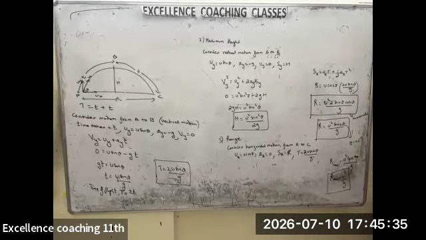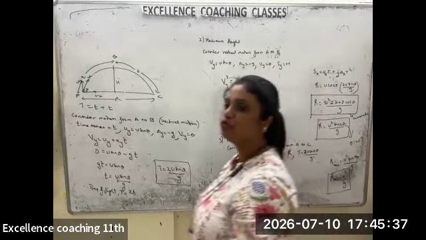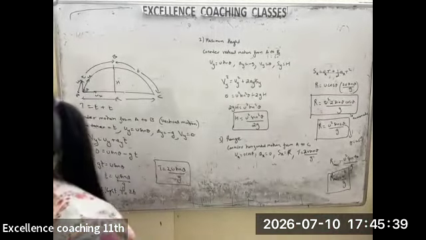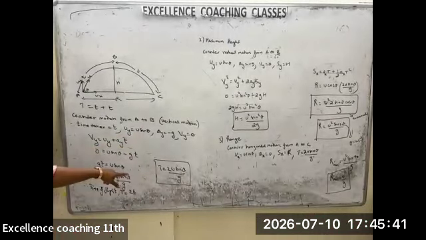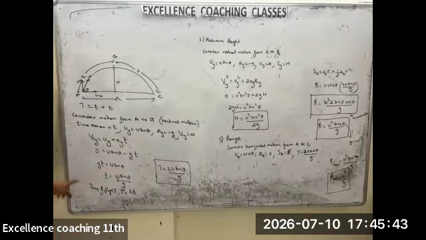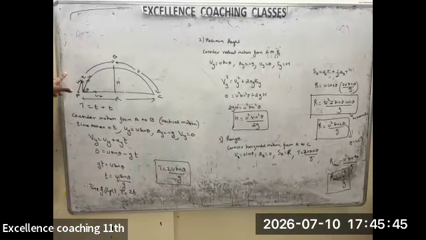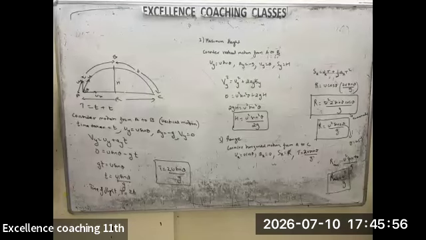Okay, you can start. Don't wait for me. You know all the concepts: horizontal, time of flight, time till it reaches maximum height, range, x component, y component, you all know. Correct? Solve quickly.